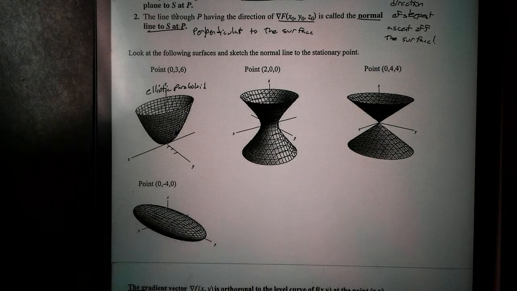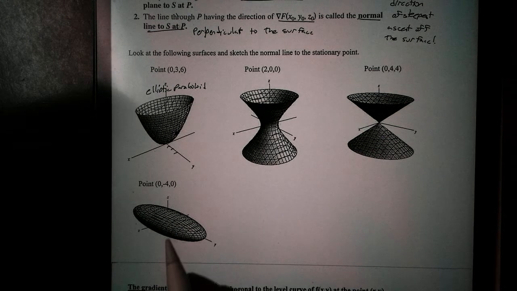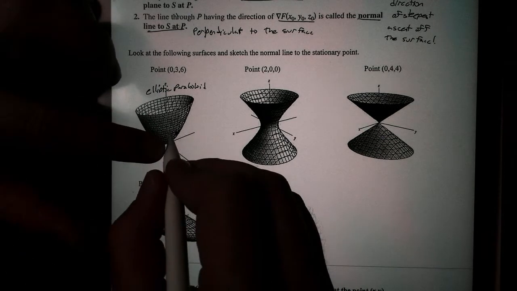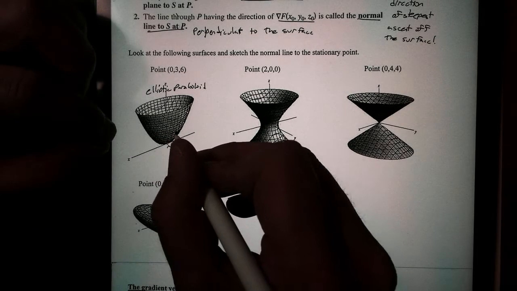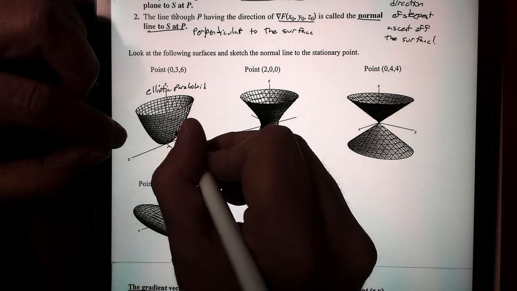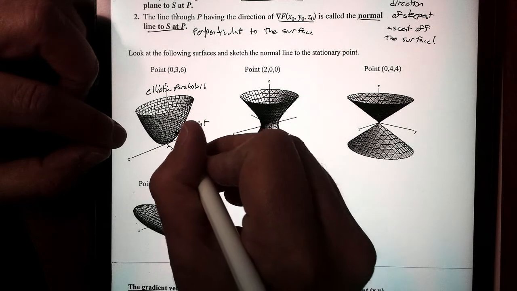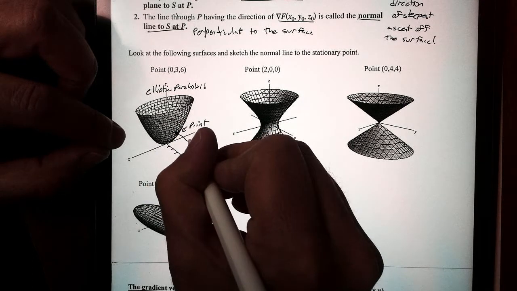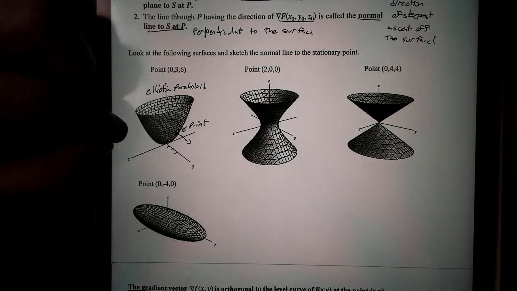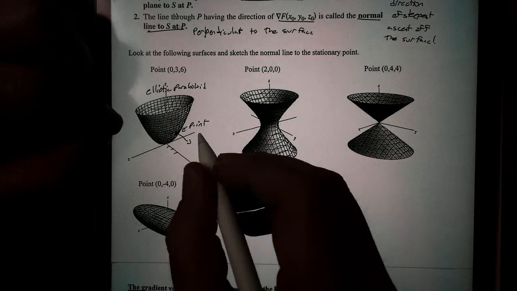If I want to draw the gradient from that surface, the gradient says it's going to be perpendicular to the surface. So here's the point. And if I draw something perpendicular from that surface, that's going to be the direction of our gradient.